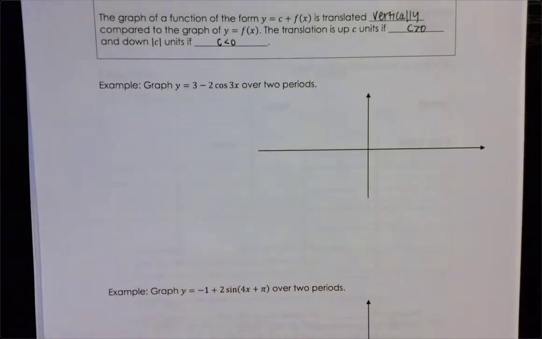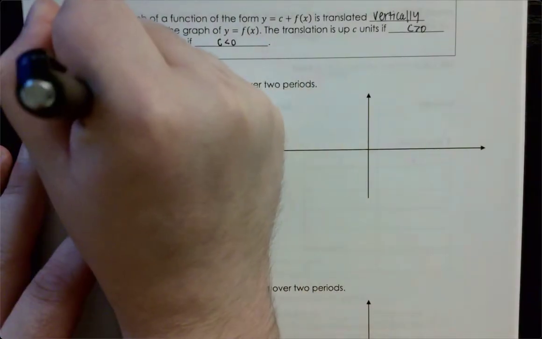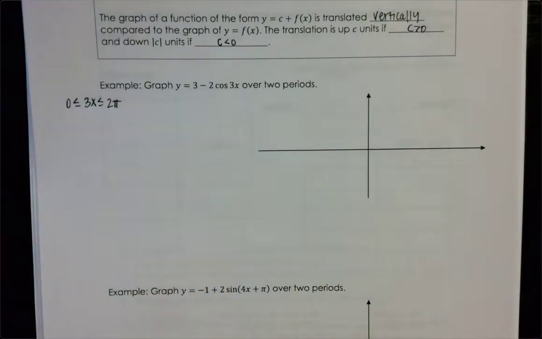So we have graph y equals 3 minus 2 cosine 3x over 2 periods. So we still do that as 0, 3x, and 2 pi.